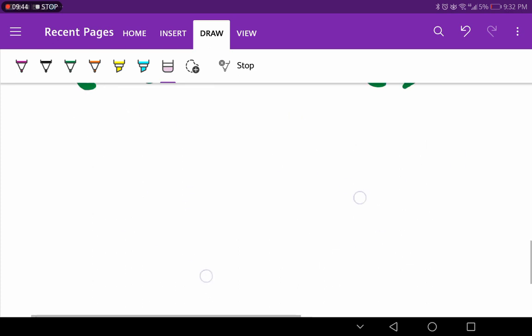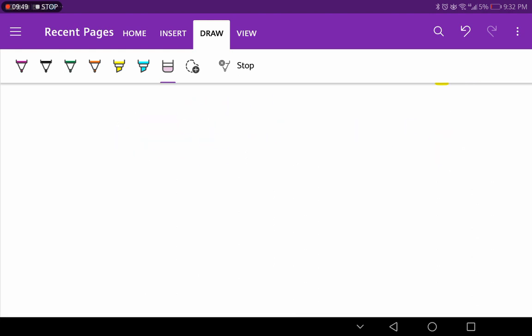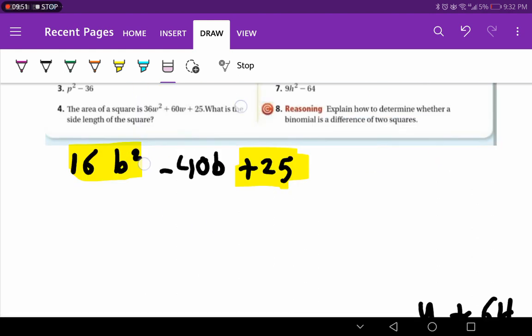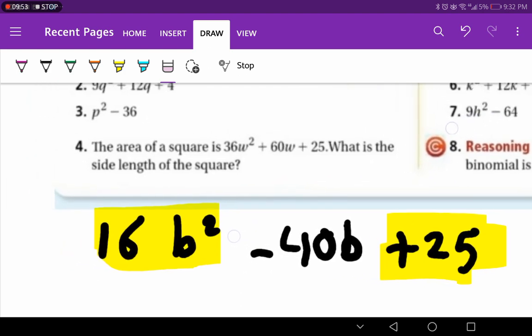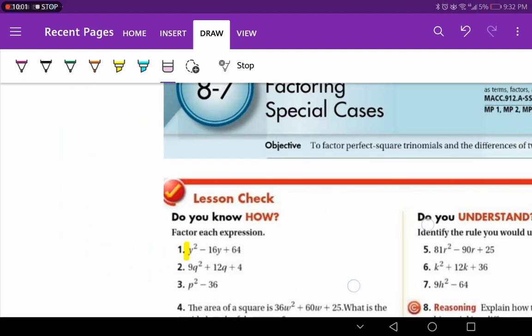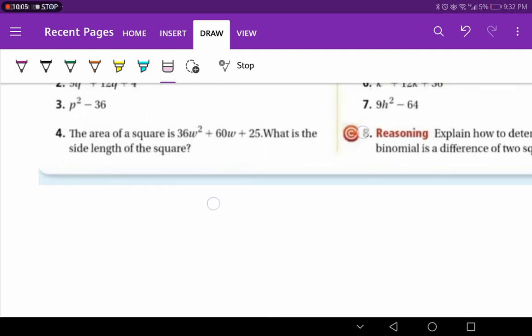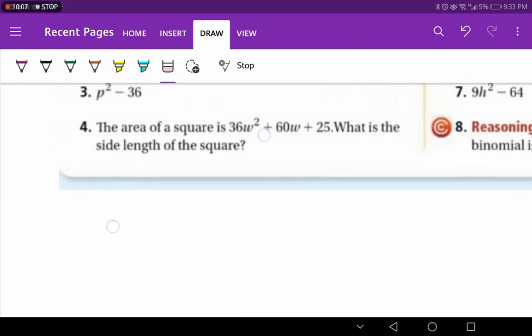Okay, the last one here. The last one is p square minus, this is the difference, yes, it is the difference between two squares. How do we do it?